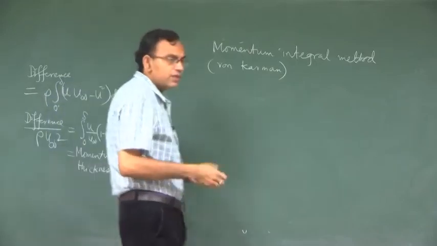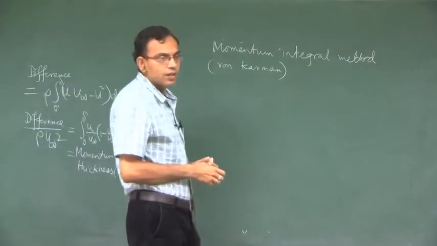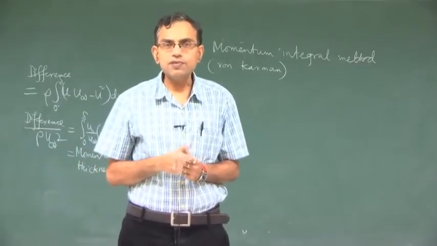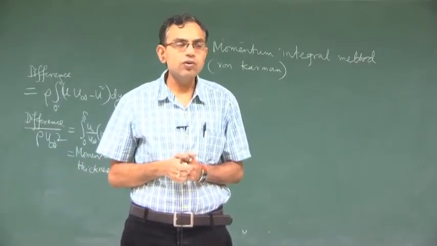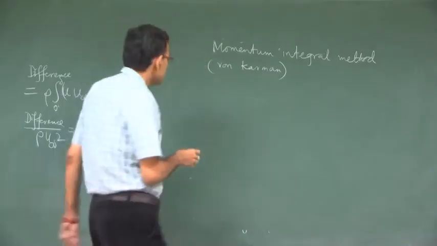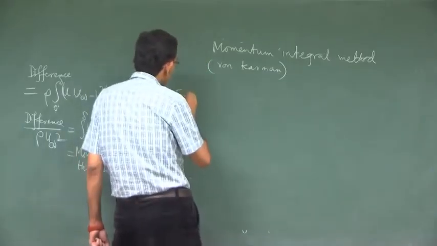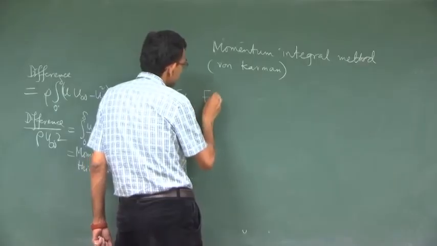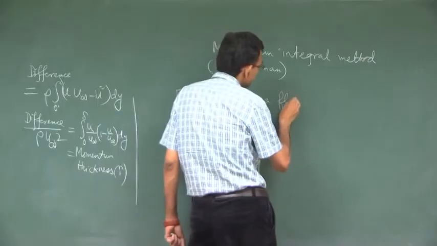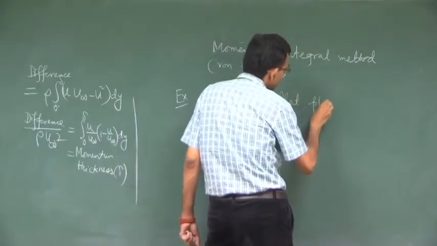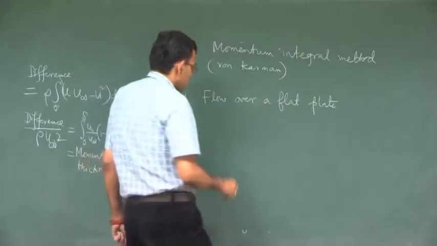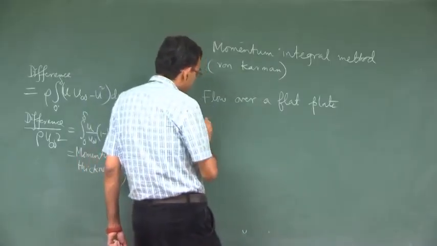So, the basic of this method is very simple. You want to satisfy the boundary layer equations in an integral sense. So, what you do is that, let us take an example of flow over a flat plate. So, you have the boundary layer equation.